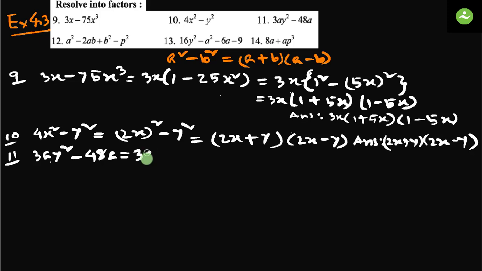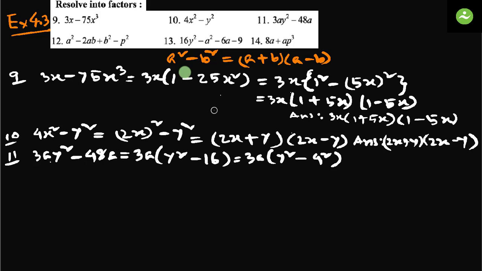So if we take 3a common, this is y square minus 16, which equals 3a into y square minus 4 square, since 16 is 4 square.